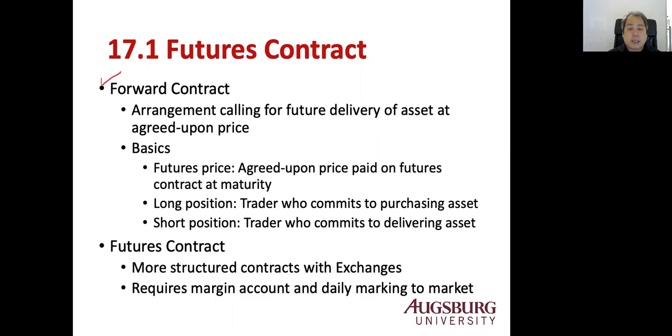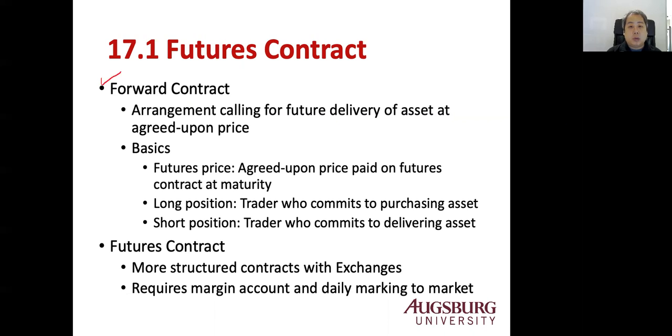So a forward contract is an arrangement calling for future delivery of an asset at an agreed upon price. Suppose there's a farmer who wants to sell corn, and this farmer is concerned that in the fall when the farmer harvests, the price may drop, so the farmer cannot make enough profit.